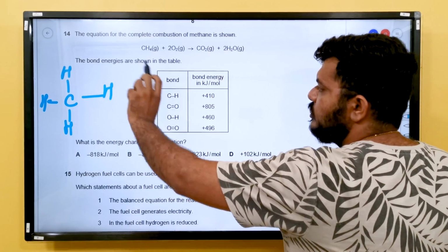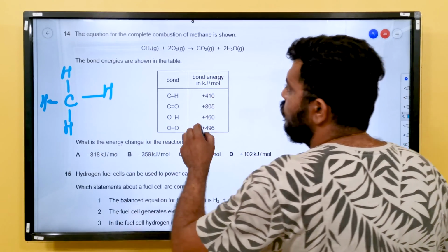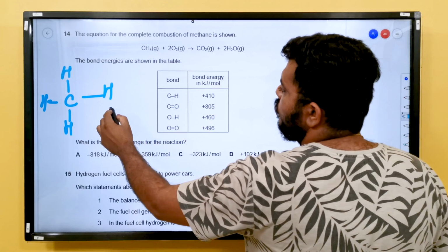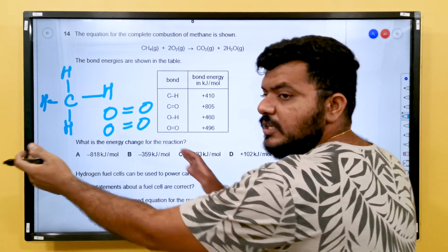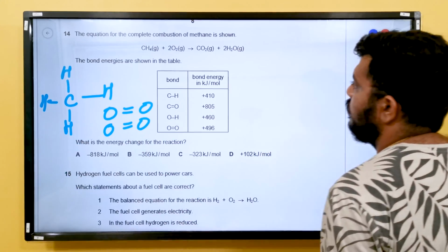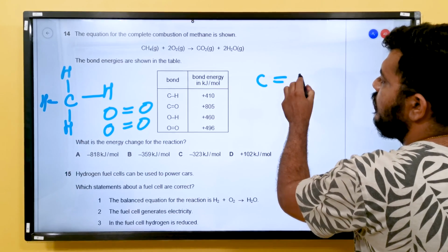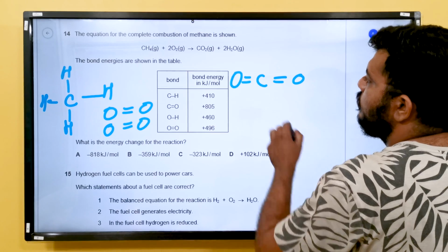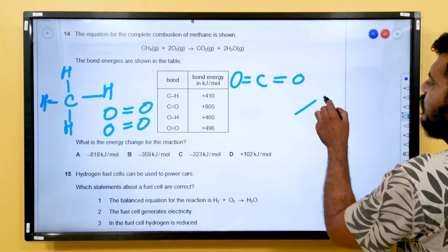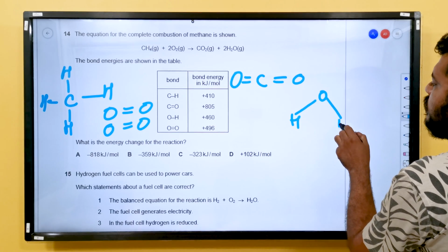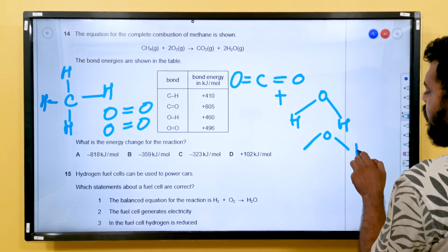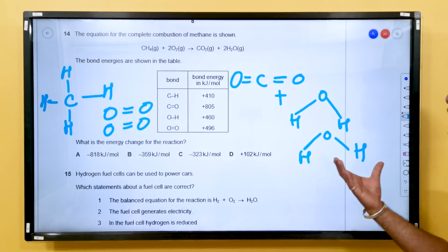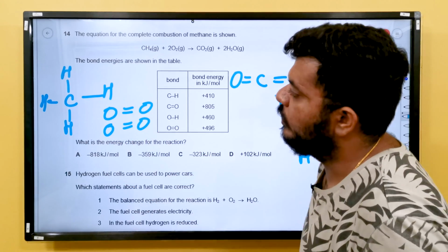So in CH4, these bonds are broken. O2, remember there are two O2. So we have 1 and 2. These bonds are broken. What are made? C double bond O and O-H, right? O-H. These are made and these are broken.